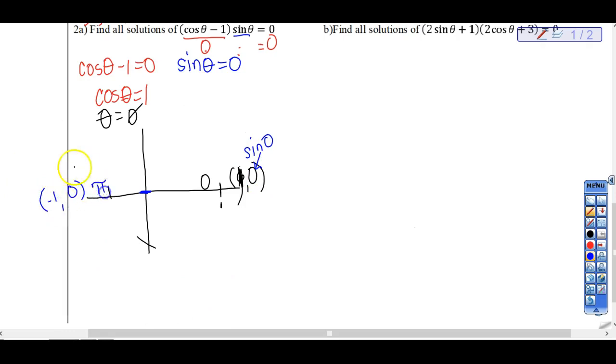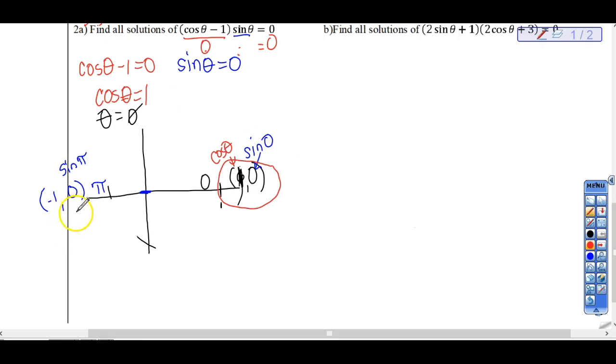It also exists at pi. Here's the sine of pi, right? So we have the cosine of 0 is 1, and the sine of 0 is 0, and the sine of pi is 0. So I have 3 solutions, where 2 of these solutions are the same radian.